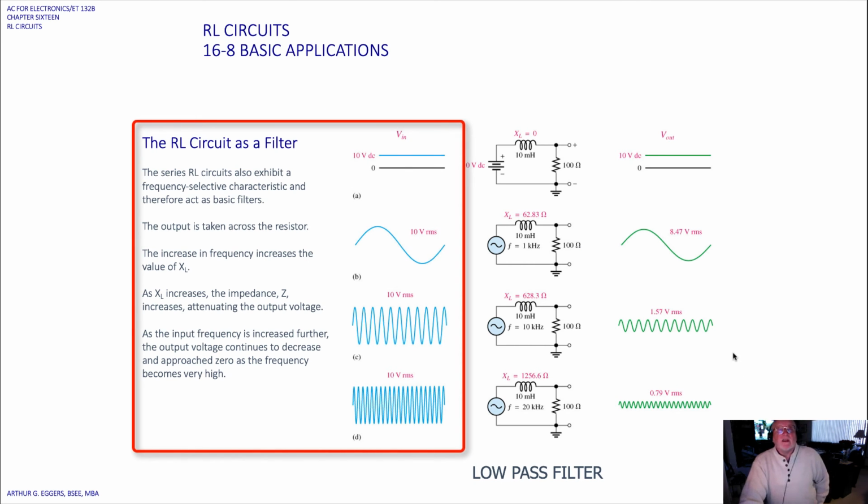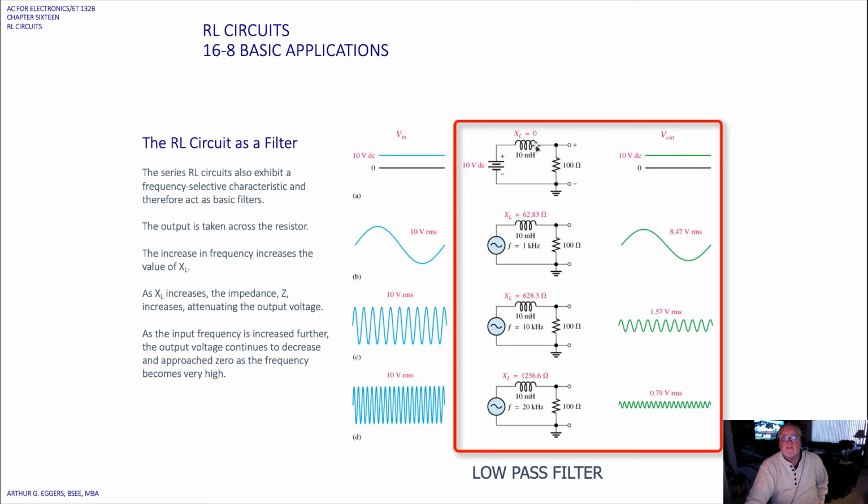We're going to get more heavily into filters, but here's a quick example of an RL circuit as a filter. If you follow along here, you can see what happens in the filtering as the frequency increases. We go from DC to high frequency, and in each case the value of the inductor and the resistor is fixed, but we're increasing the frequency, and we can see what happens to the output waveform from 10 volts DC, purely resistive, to 8.47, 1.57, 0.79.